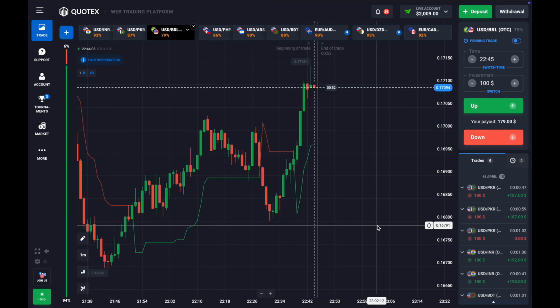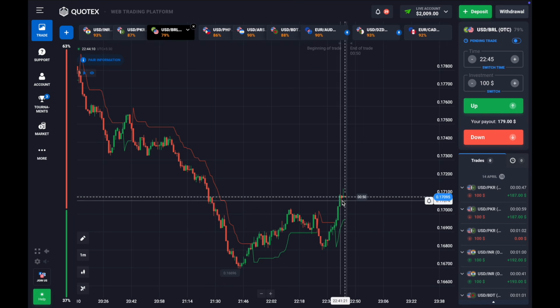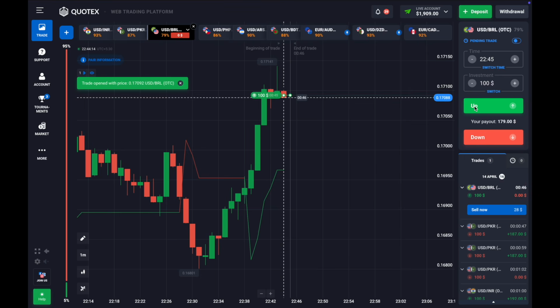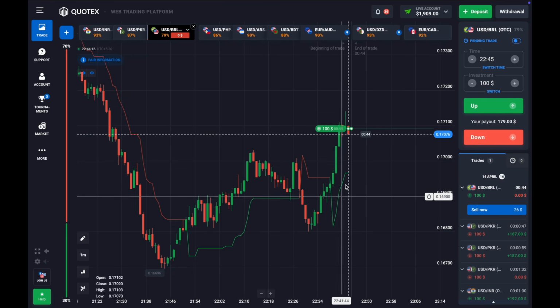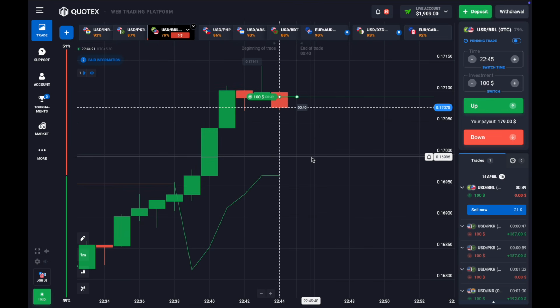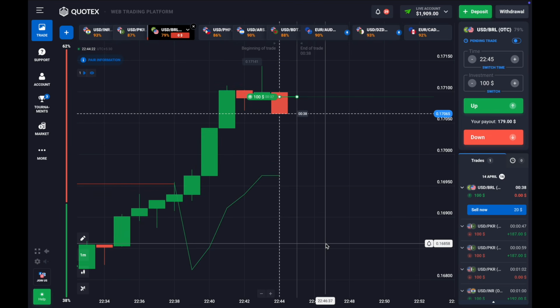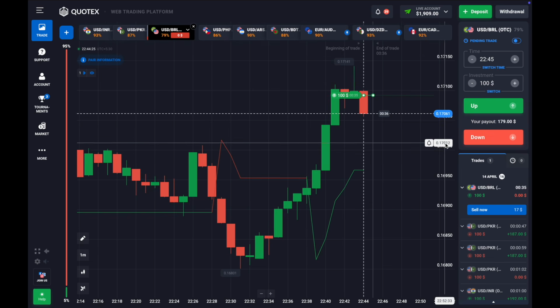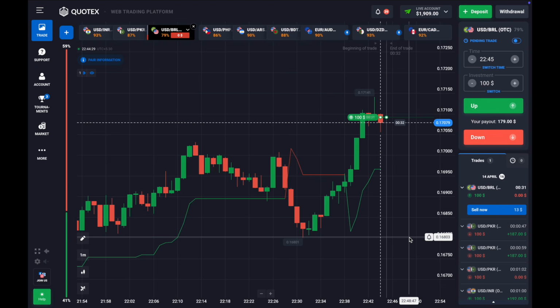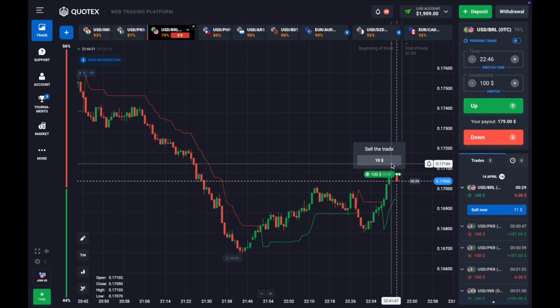Okay, there's a very big healthy green candle. Candles are above our super trend line. A green inverted hammer, indecisive, but I'm taking a call option here only because there are a lot of big green healthy candles on the left hand side, and the candles are moving above our super trend line.